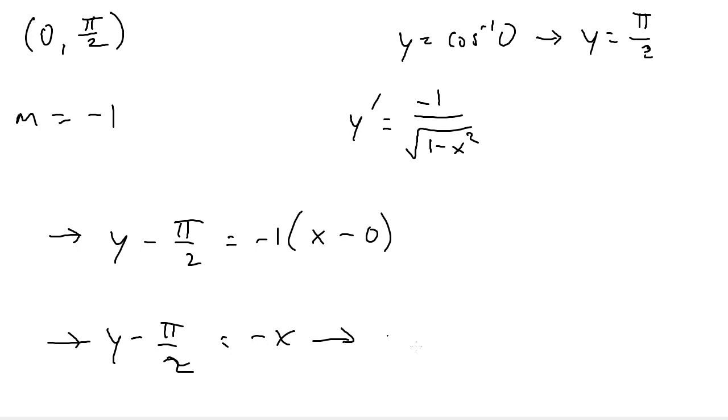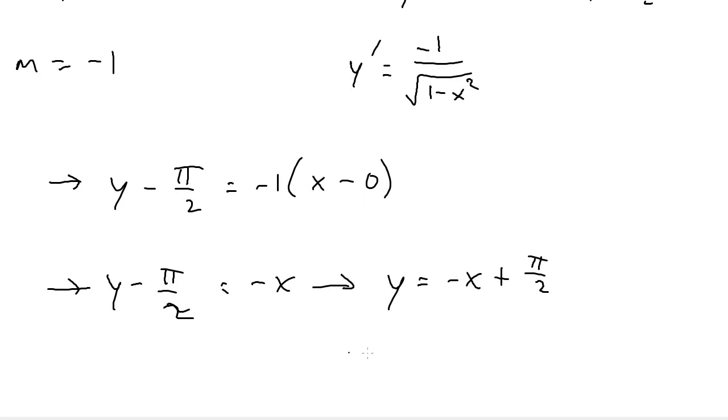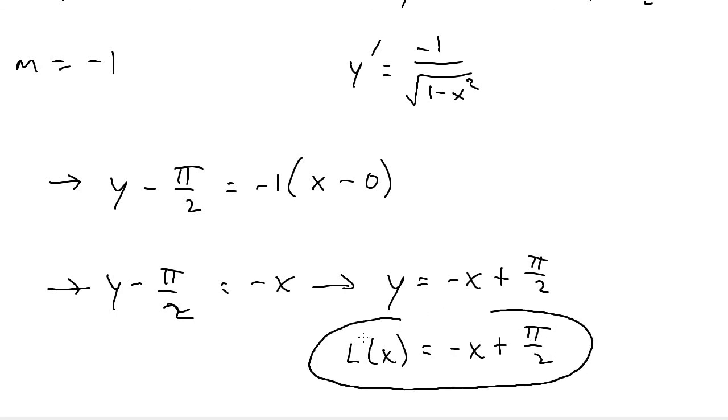And when I add the pi over 2 over, y is going to equal negative x plus pi over 2. And if I want to, I can replace y with L of x as a linearization abbreviation. So L of x is equal to negative x plus pi over 2. And that is the equation of the tangent line at the given point of x equals 0.